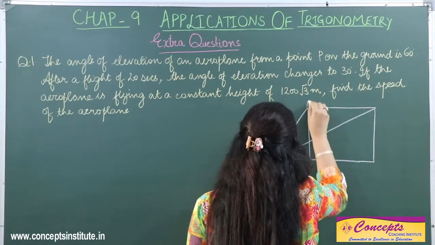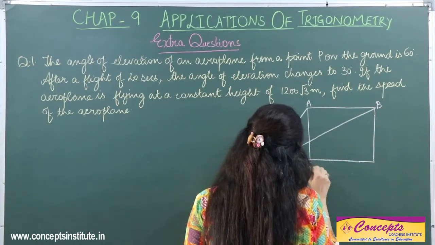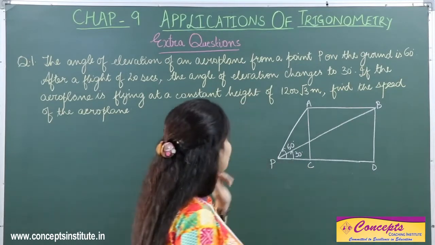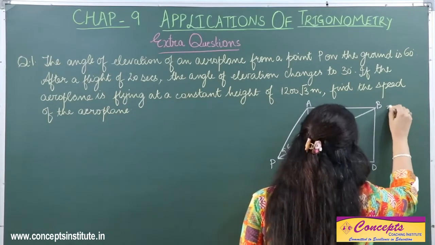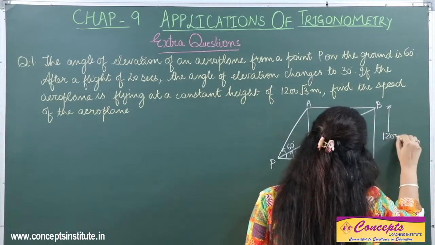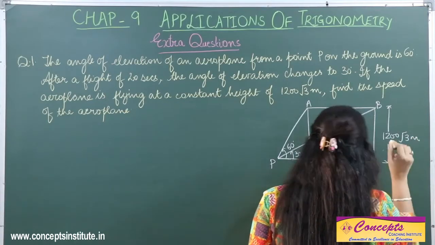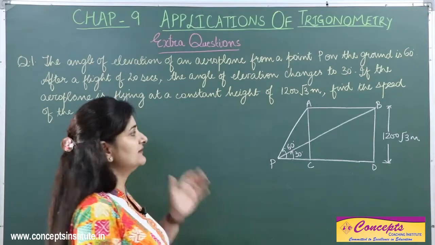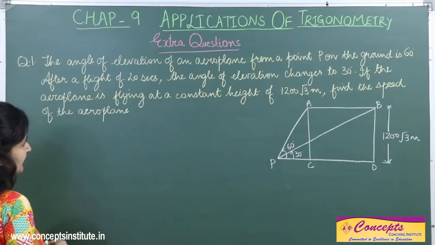So let's say A and B be the positions of the aeroplane, and let me call this CD. It is given to us that the aeroplane is flying at a constant height of 1200 root 3 meters. So that means this distance is 1200 root 3 meters. And we are supposed to find out the speed of the aeroplane. Right students? So let's see how can we do it.